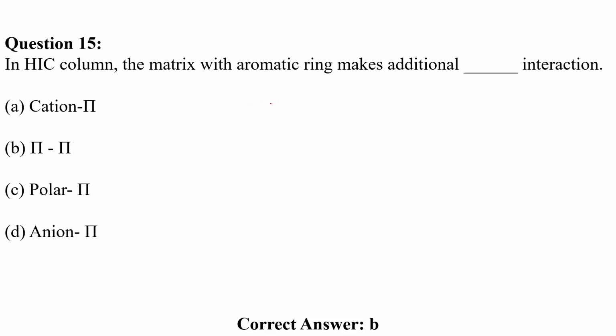HIC column matrix can be of different mediums. Like for ion exchange you had DEAE, CM. These are different examples of ion exchange matrix. Some can have positive charge, some can have negative charge. Similarly, for HIC column also we can have butyl group, octyl group, phenyl group.